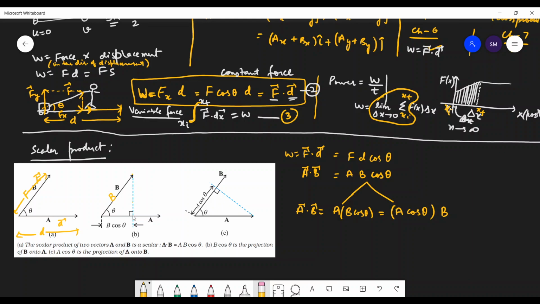So this is the projection of vector b on vector a, and this is the projection of a on vector b. So projection is the length. You can clearly see in this right angle triangle, this is the adjacent side or base, and that is equal to hypotenuse cos theta, and the hypotenuse is b.